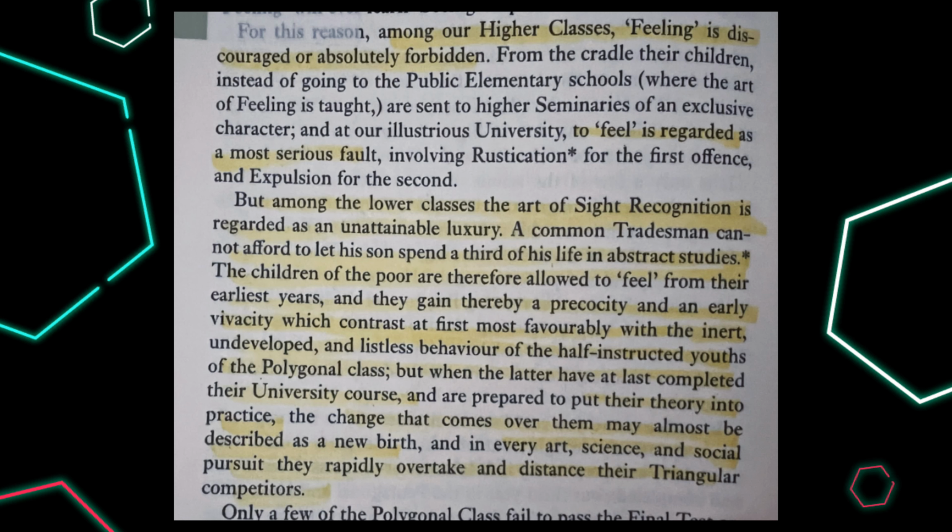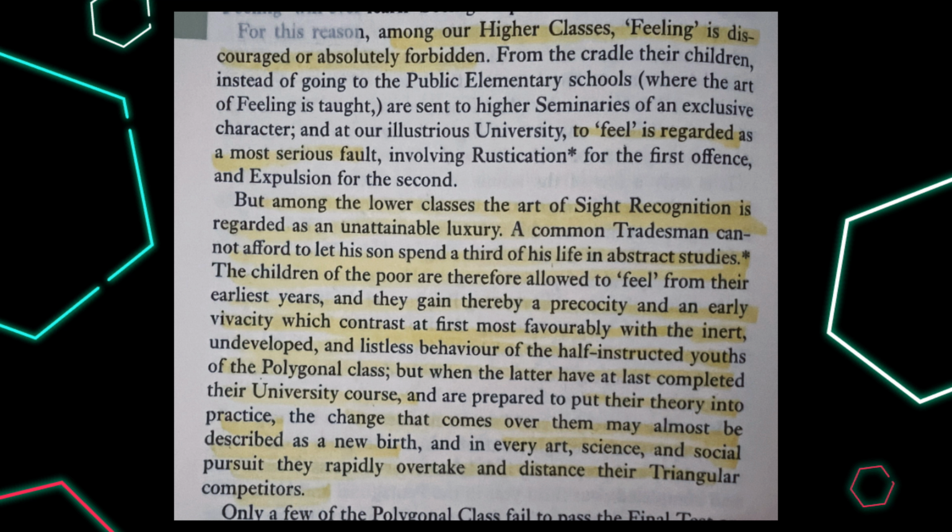Now, it's quite obvious that sight recognition is a lot harder than feeling somebody. This means that it requires many years of education to accomplish. Only the upper classes can afford to spend this much time and effort. Among our higher classes, feeling is discouraged or absolutely forbidden. To feel is regarded as a most serious fault.